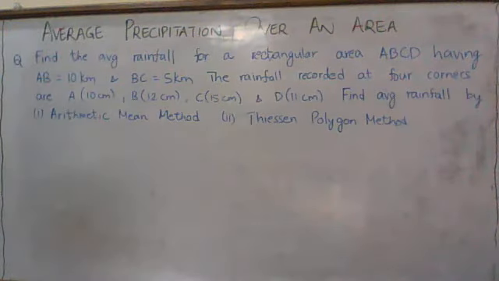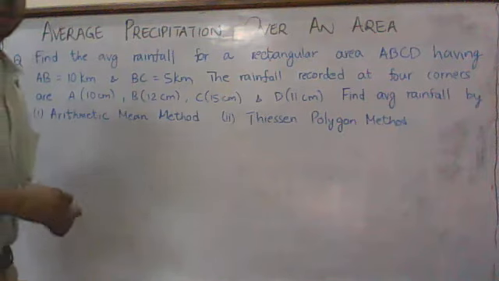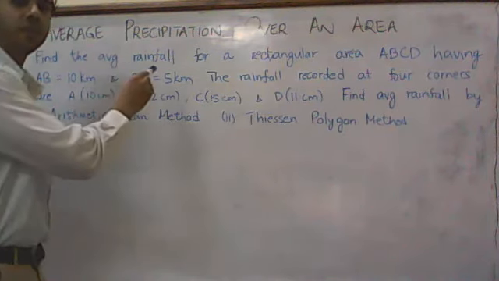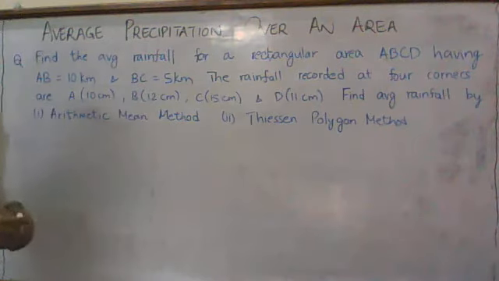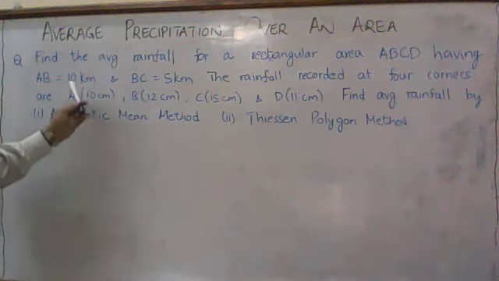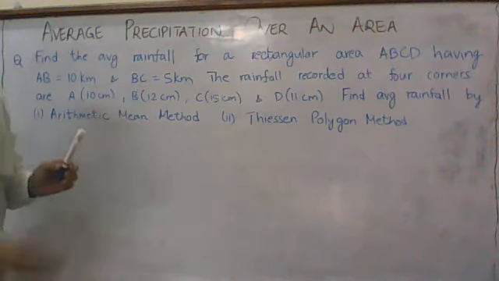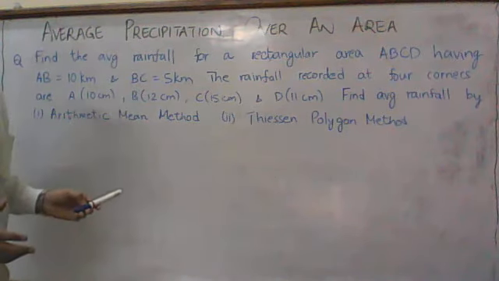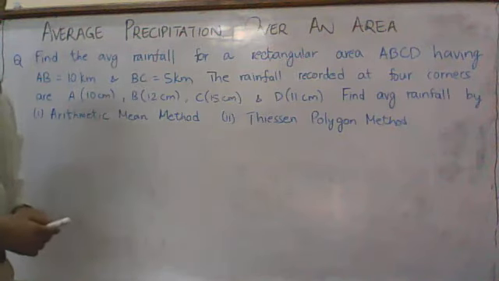So this is the first numerical you can see on the board. Find the average rainfall for a rectangular area ABCD having AB equal to 10 kilometer, BC equal to 5 kilometer.